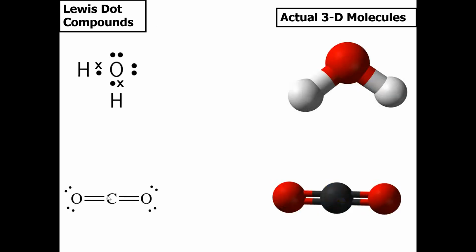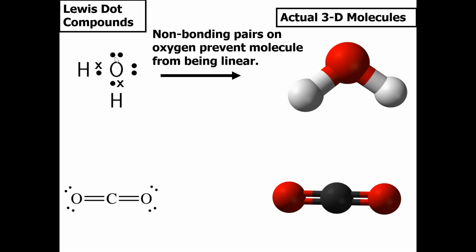Another couple compounds, one we've seen already, water. Water has two pairs, two non-bonding pairs. Those two non-bonding pairs keep this molecule from being linear. There's electrons up on top here, and over here, that are pressing the other bonds away, making this appear to be what's called a bent shape.